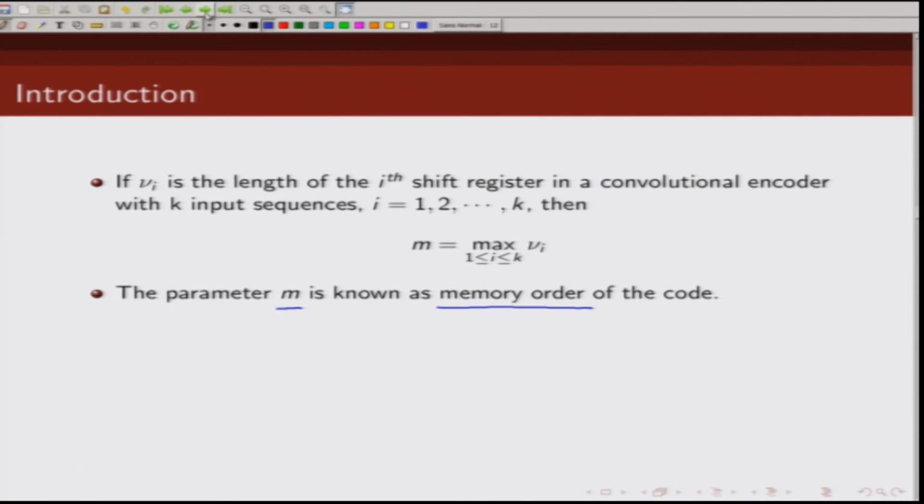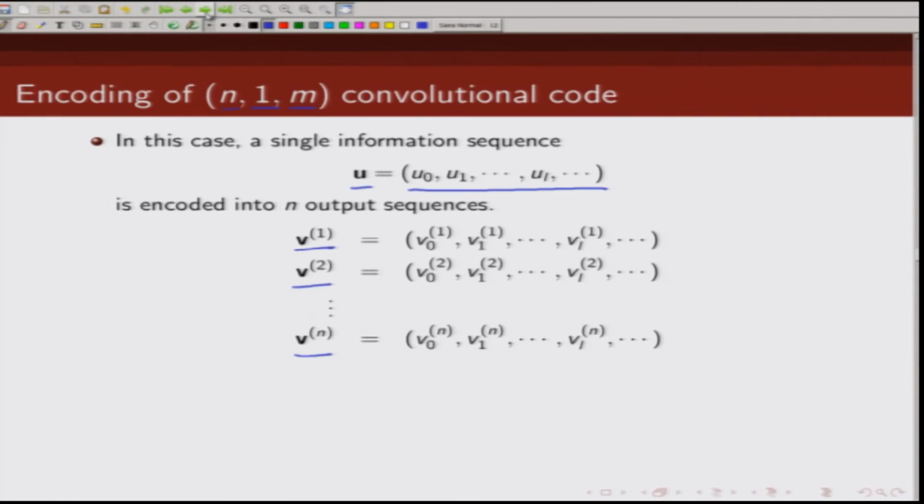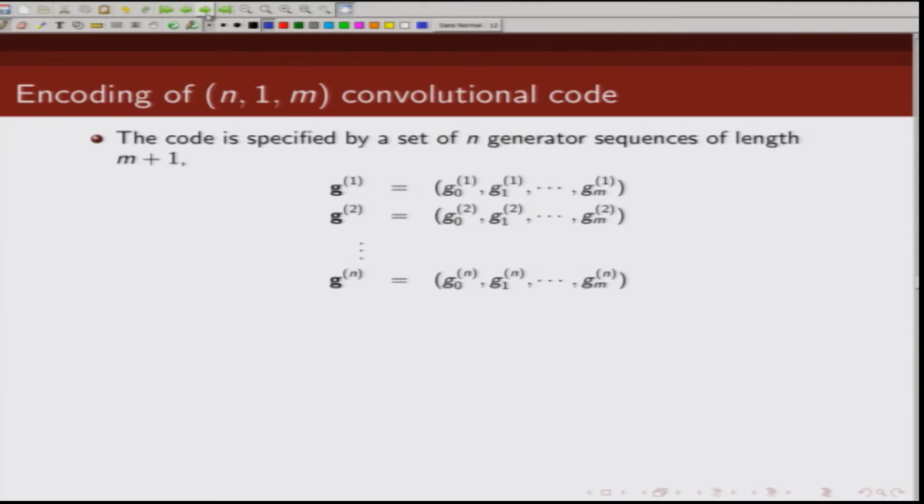So, what we can conclude from here is that we can completely specify a code by this set of n generator sequences, where each of these generator sequences is of length m plus 1, and what are these g01, g11, g12, gm1.